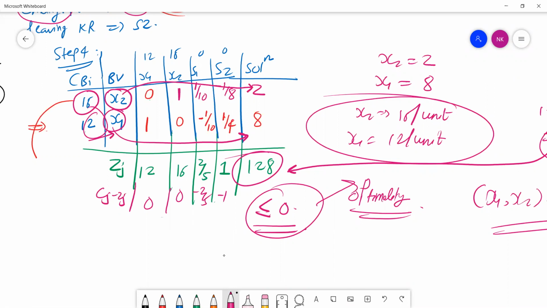Anybody who hasn't understood any of the steps? Are all the steps clear?